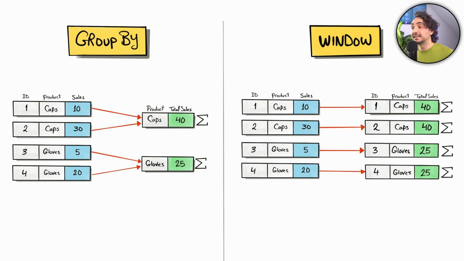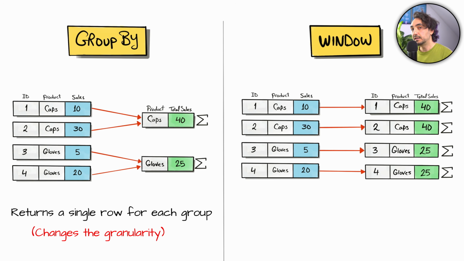We are finding the total sales for each product, but with the group by, we are smashing, squeezing the results from 4 orders into 2 rows, 1 row for each product. So that means with the group by, the granularity is changing, right? In the input, the order ID is controlling the level of details, but in the output of the group by, the product is controlling the level of details. So we have different granularity.